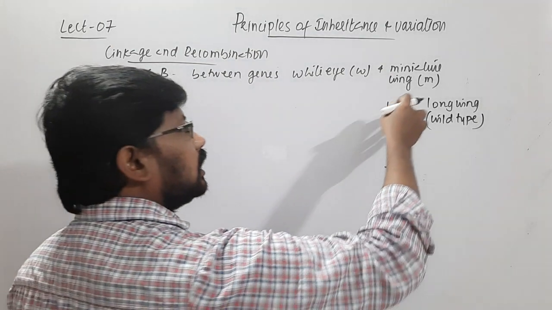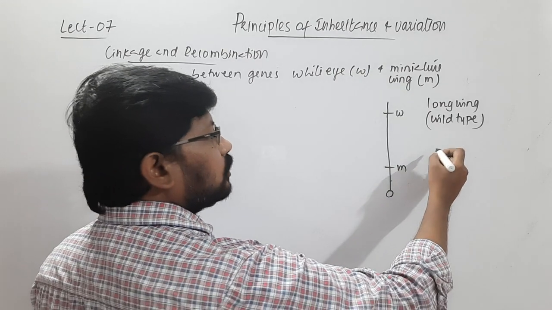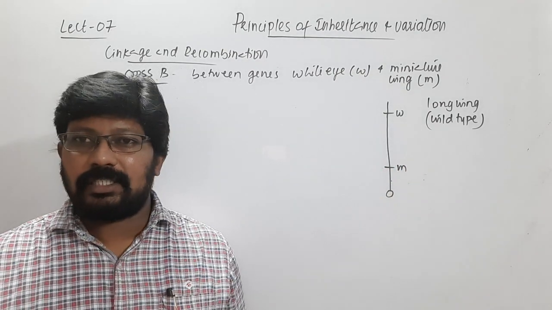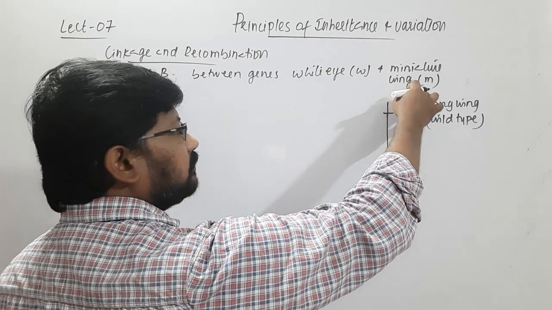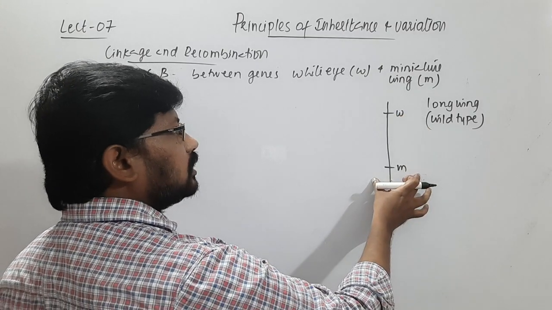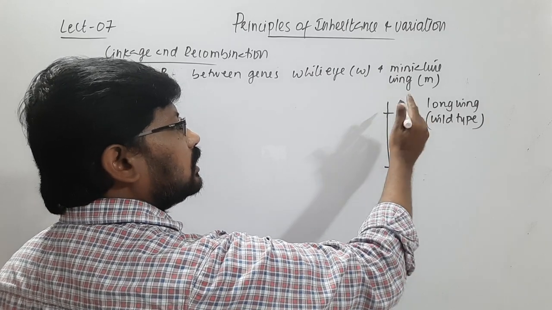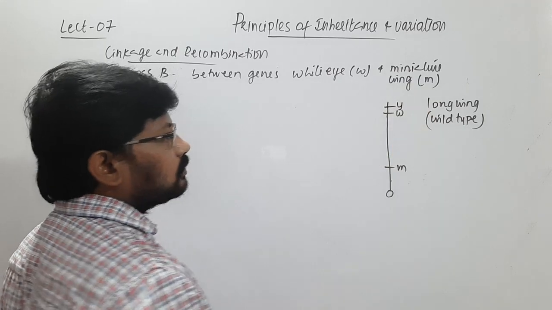The mutant form is miniature wing, which means it's small, and the wing does not extend beyond the abdomen. The distance between the white eye and miniature wing gene, you can see, is very long.